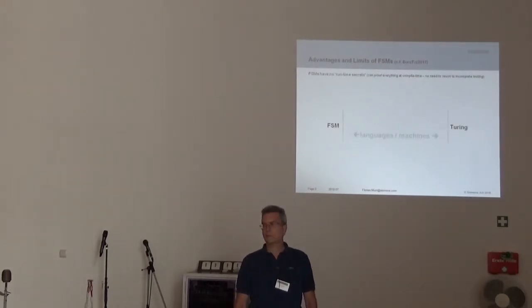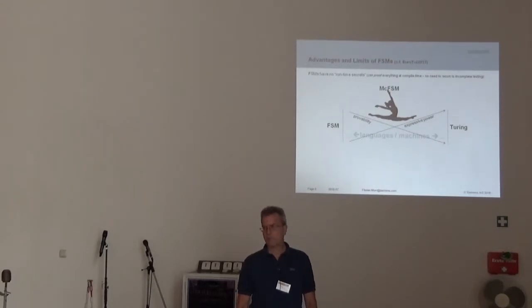There is the well-known Chomsky hierarchy, where you have the finite state machines on the one side and the Turing complete machines and languages on the other side. The expressive power goes up when you go from the left to the right, and the provability goes down, and that's the downside.